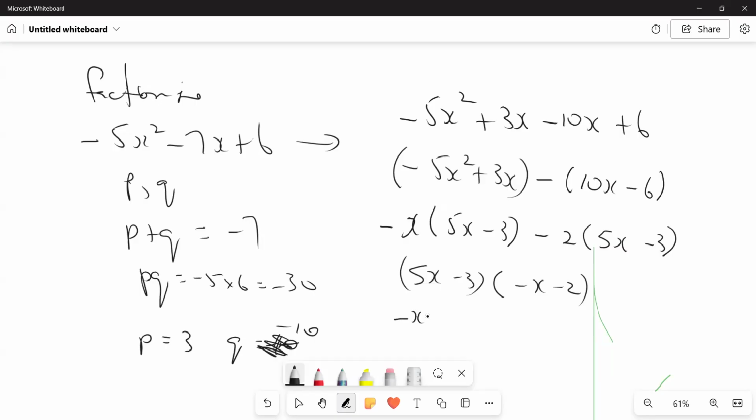So I'll have minus x minus 2 times 5x minus 3. This looks ugly. So you can take out minus 1 from here. So you get minus x plus 2 times 5x minus 3. That's what it looks like. Right?